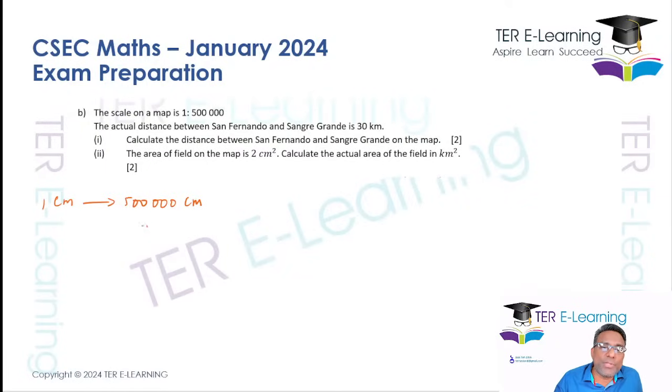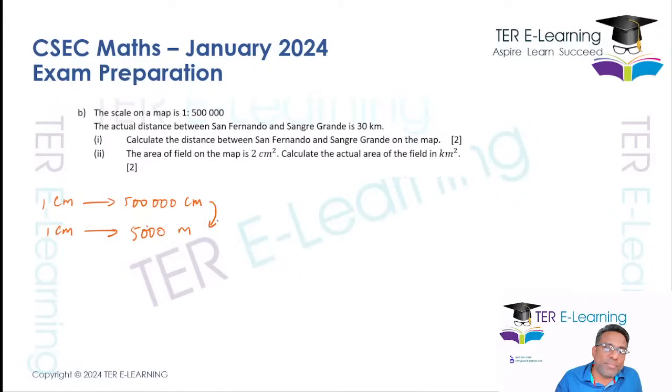But what I'm going to do is say 1 cm actually represents this 500,000, and I'm going to convert that into meters first of all. To convert into meters, I'm going to divide by 100, and I get 5,000 meters.